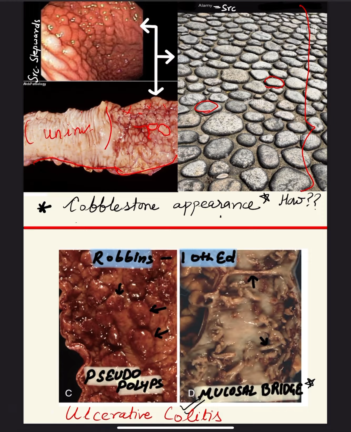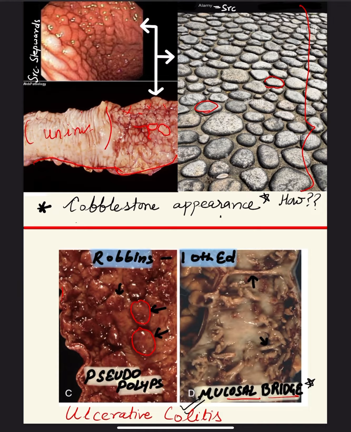So this is a picture from Robbins. This is again the gut, the mucosal surface, and these are the pseudopolyps. Sometimes the mucosa over the pseudopolyps joins together to form mucosal bridges, like in this picture again from Robbins.